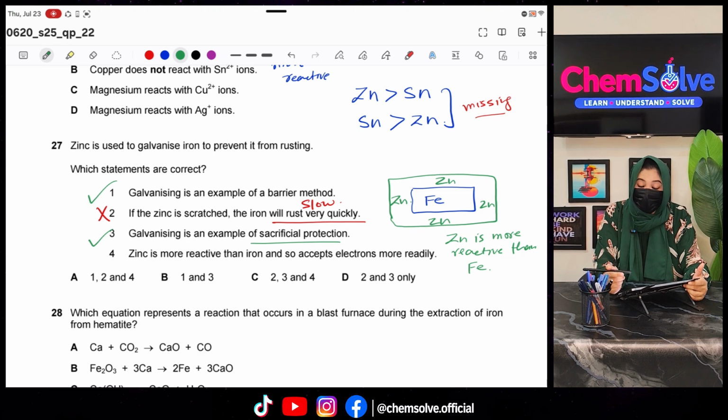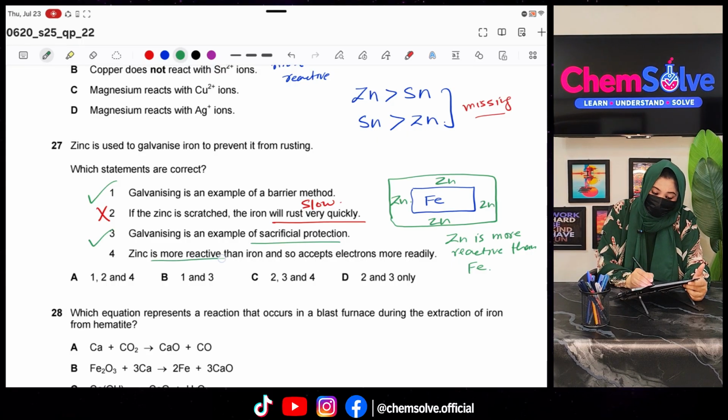One metal decomposes as compared to the other metal, instead of the other metal. For example, in this scenario, zinc will oxidize. Zinc will give the electrons. Zinc will react with the air and the water, and the iron will be protected. So we can say zinc is sacrificing itself in order to protect the iron. So yes, it is sacrificial protection.